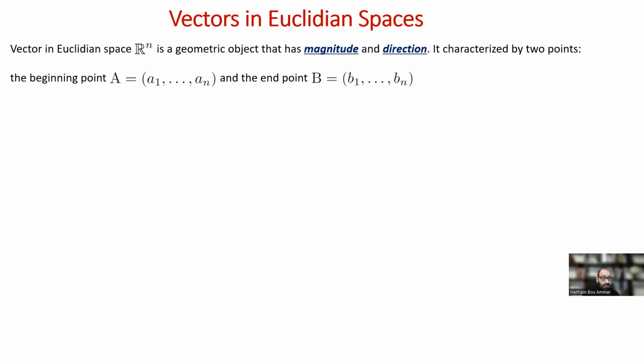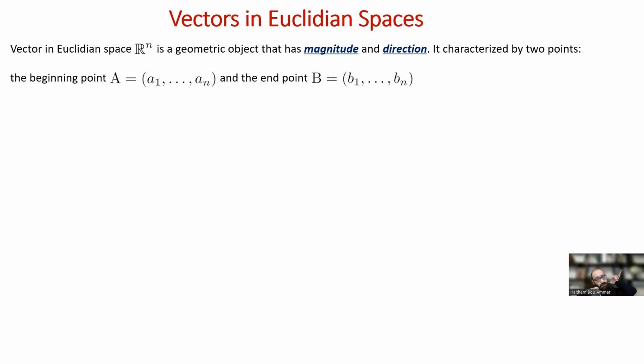Now, the vector itself is characterized by 2 points. You take the first point, point A, which has A1 up to An coordinate values. A1, what I used to call x1 of A, I just call A1. So it's some value, let's say 2 on the first dimension, 3 on the second dimension, 4 on the third dimension, and so on to the n-th dimension.